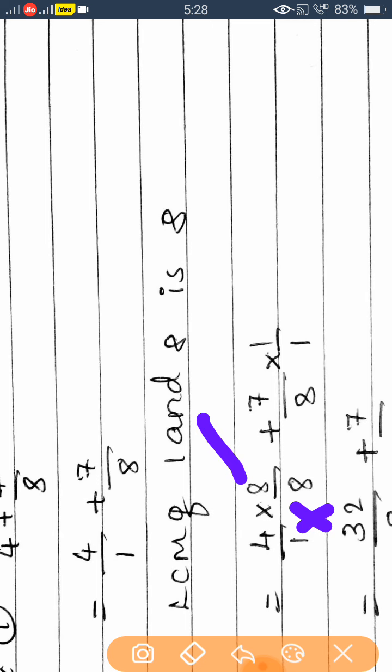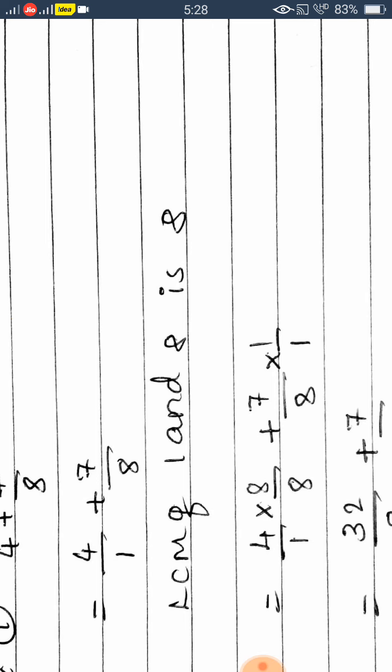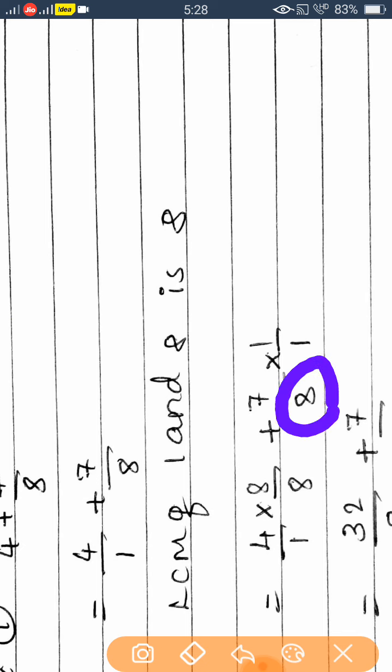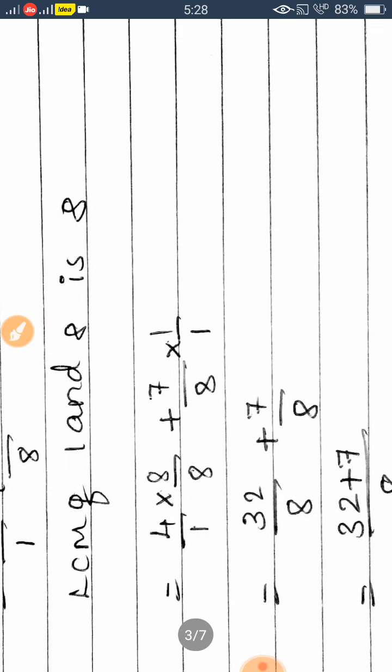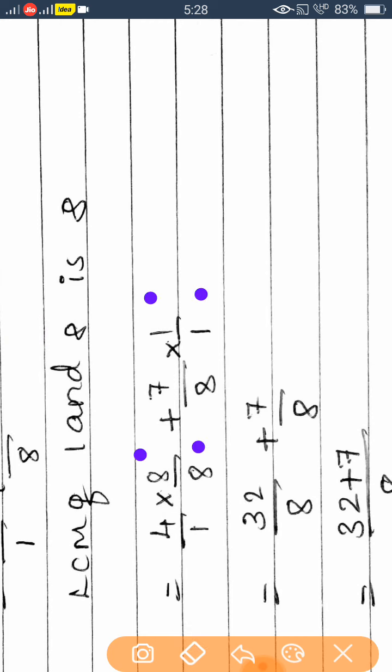Now 7 by 8: the denominator should be 8 only, it is already 8. Why should we multiply it by any other number? So multiply with 1, it gives 8 only. So it is 8 by 8, and 1 by 1.